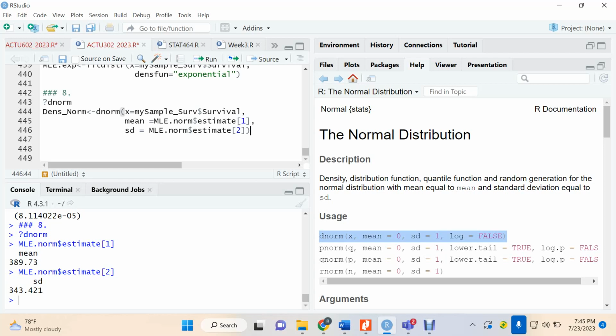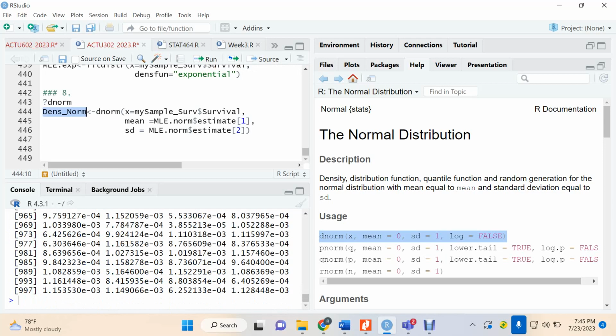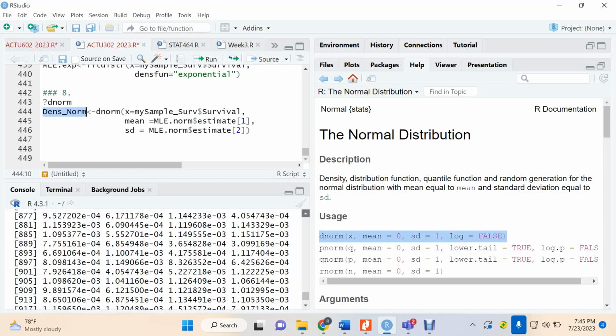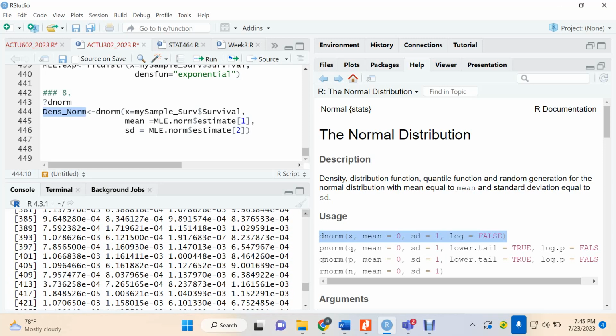So if I do this, it's going to compute the density for each of these, if I display it. So you see all of them are values less than 1, right, in between this. So that's it.